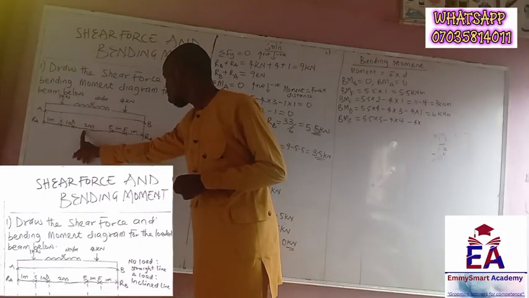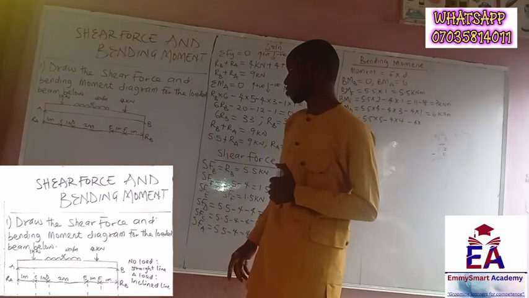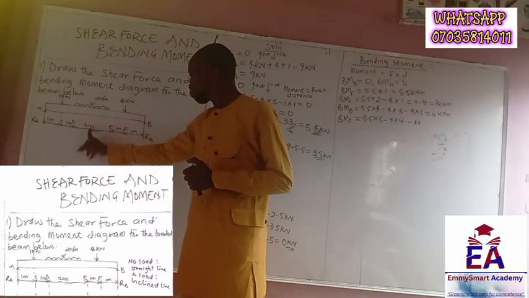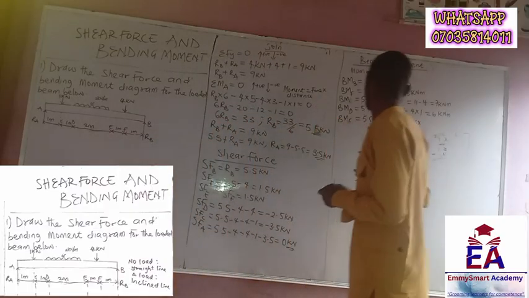From this point to this point should be 2, right? Because this is 1 meter, and from here to the midpoint, where it acts, should be 2 meters.